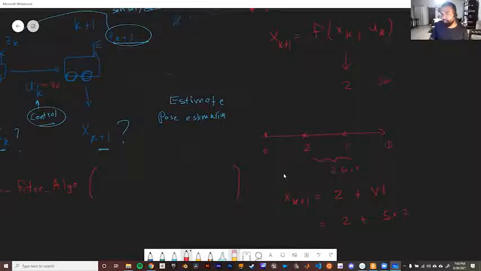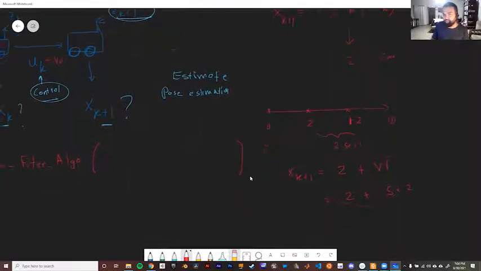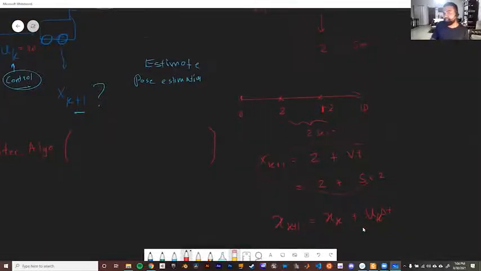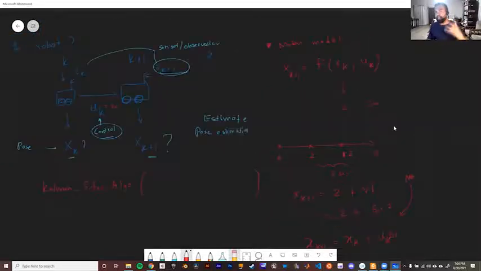In these 2 seconds, xk plus 1 is now 12. This is the motion model. Let me write it again: xk plus 1 equals xk plus uk, which is the velocity, times delta t. This is an example of a motion model. It takes the current state and the motion command and tells you where you're going to be next, and we consider this to be what we call a prediction.